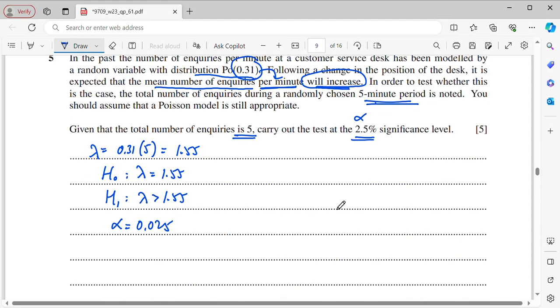Now, for the Poisson distribution, your rejection criterion will be: reject H0 if the probability that X is greater than or equal to 5. Why 5? Because the total enquiries is 5. Why greater than or equal to? Because of the H1, because here it is greater, therefore we follow the greater sign.